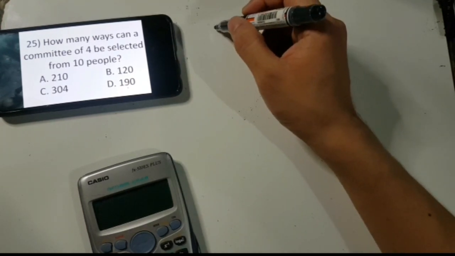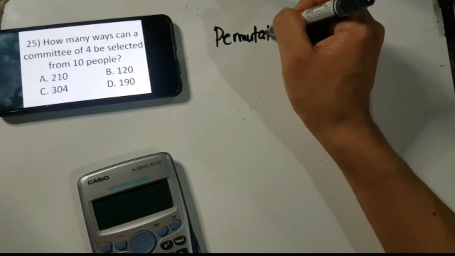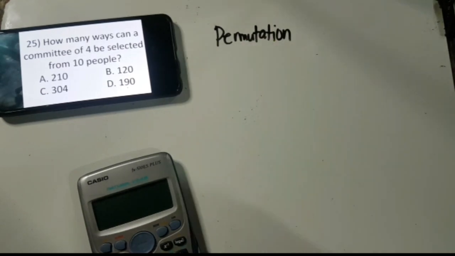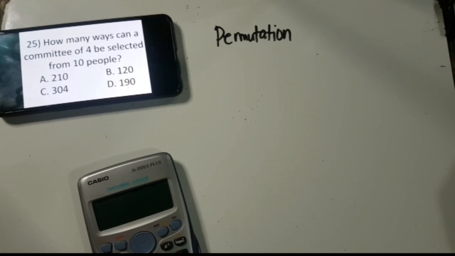Next, how many ways can a committee of 4 be selected from 10 people? So, this is probability type of question. Ganito yan. It can be either combination or permutation. So, ganito lang po yan. Kapag permutation, so analyze nyo yung question kapag yung order nagmamatter.